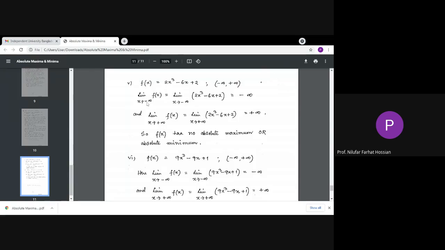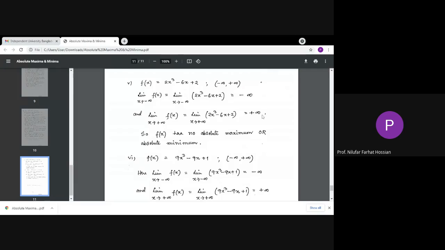So when x tends towards minus infinity, minus infinity cubed will be minus infinity, so the result will be minus infinity. And when x approaches plus infinity, it will be positive infinity cubed and then minus infinity, so it will be positive.